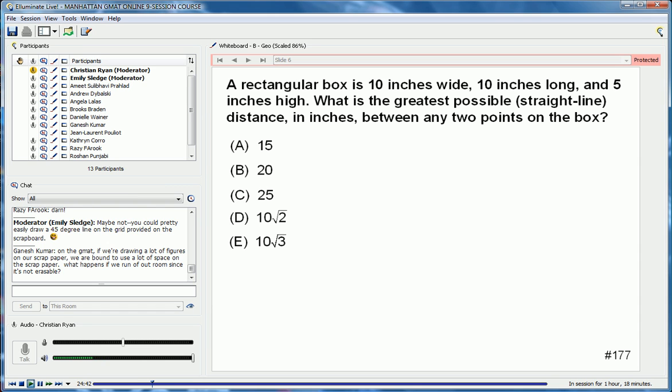Okay, 2 minutes. Give me your shots. All right, seems to be a lot of consensus in the class. I won't say what that consensus is yet.